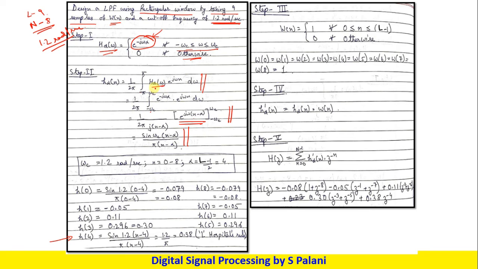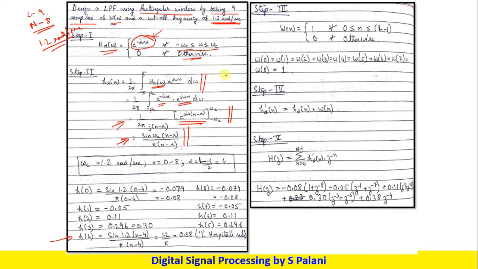Same formula, you put in the limits minus ωc to ωc. Now instead of Hd(ω), we get e to the power minus jωα, times e to the power jωn. So as you put in, we get e to the power jω(n minus α). Then you perform the integration and get the integral solution. Now what is alpha?